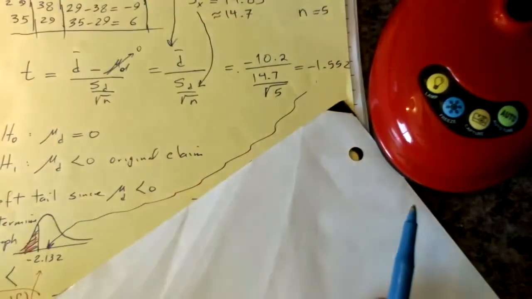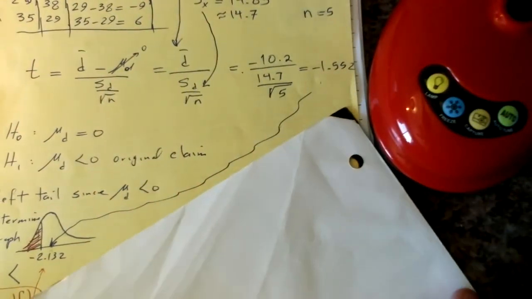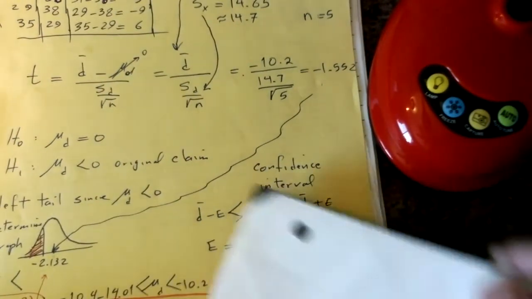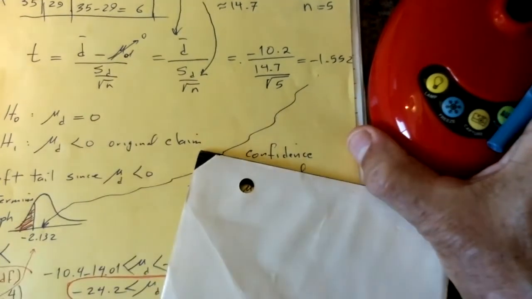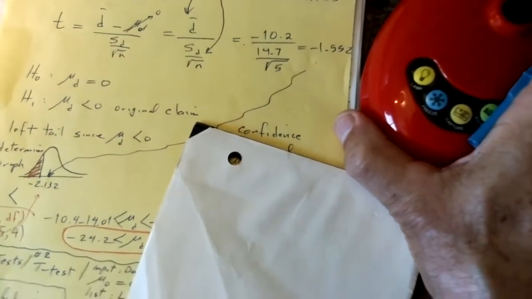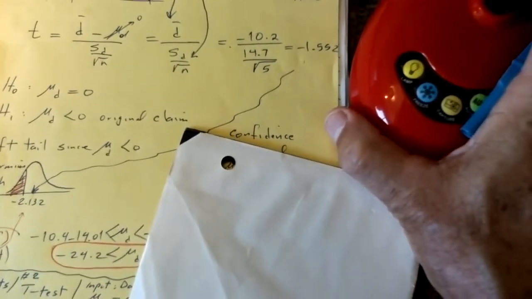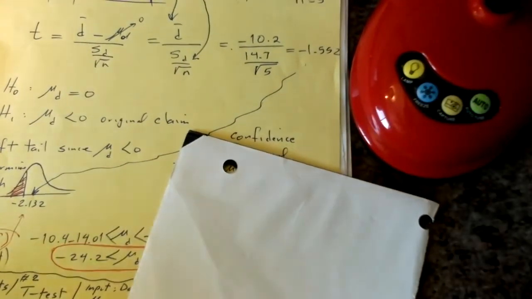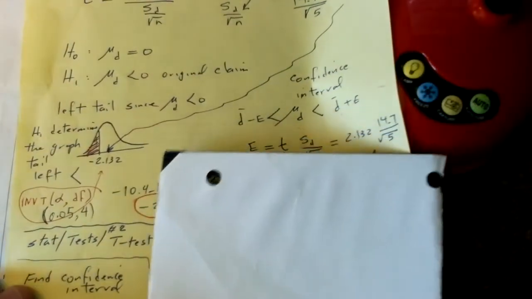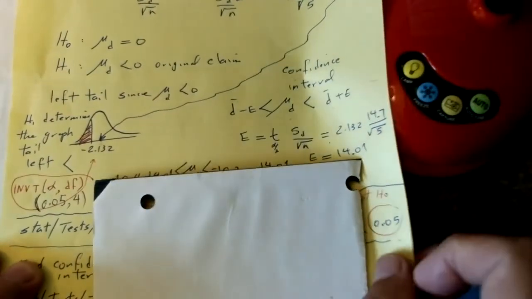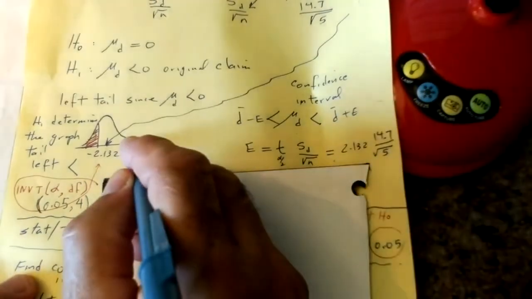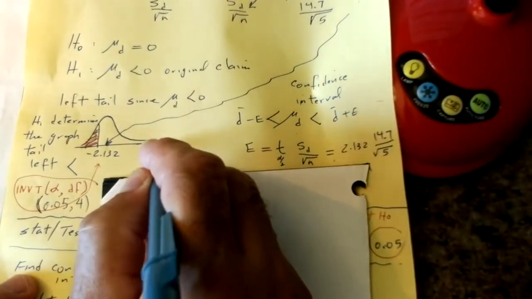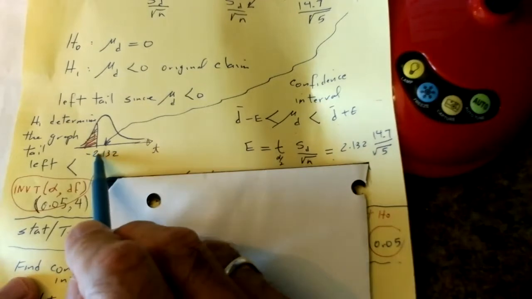through the graph. We need to find these numbers through the graph. On the graph, the best thing is to find, if you want to find the T on a graph, first of all, is it left tail or one tail?